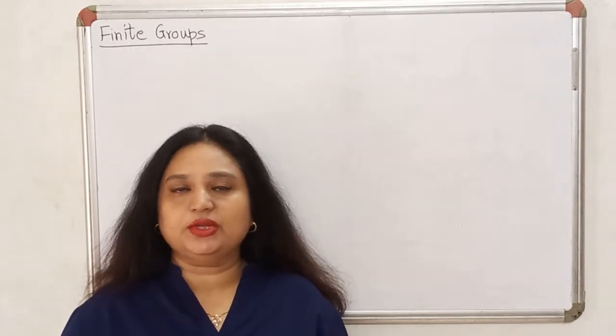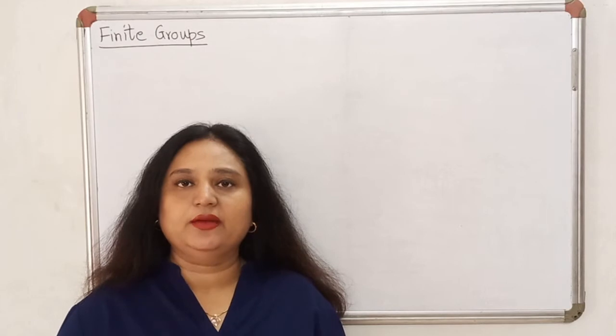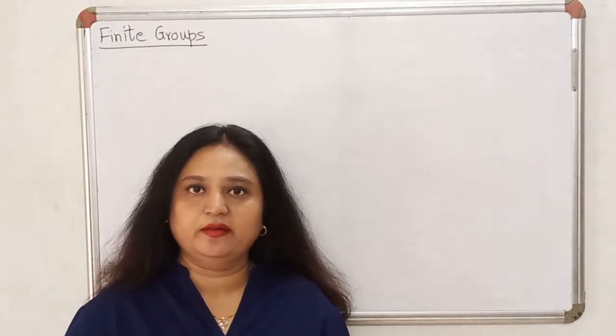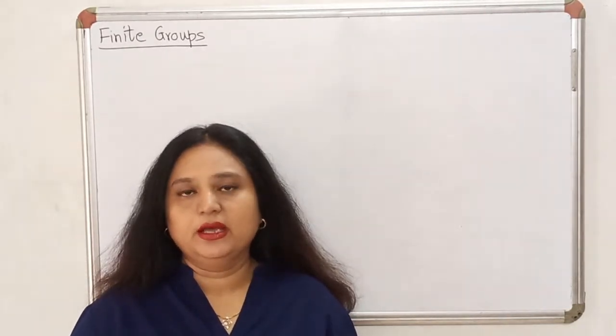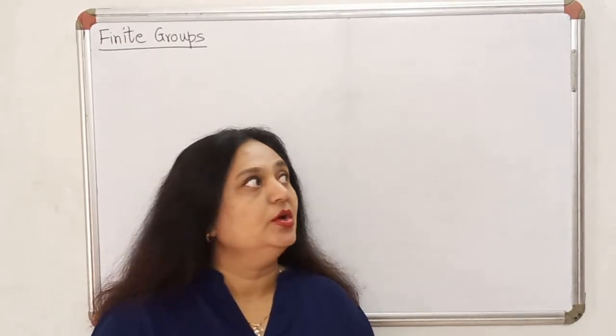In addition to these conditions, if the commutative property is satisfied, then we say that the group is commutative or abelian. Today, we will define finite groups.